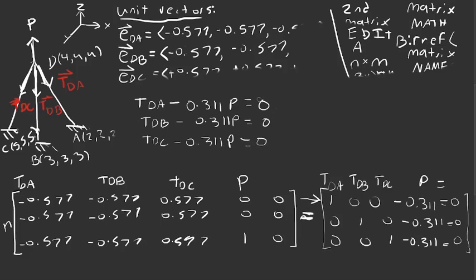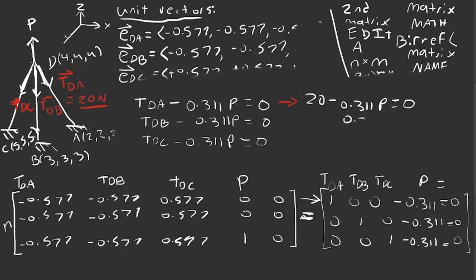Okay, so if we have all of those, I did mention before that in these problems you're going to be given the magnitude of at least one of these, right? So let's say TDA is equal to 20 newtons of force. If that's our magnitude for that one, then we can rewrite this equation: 20 newtons minus 0.311 P equals 0, right?